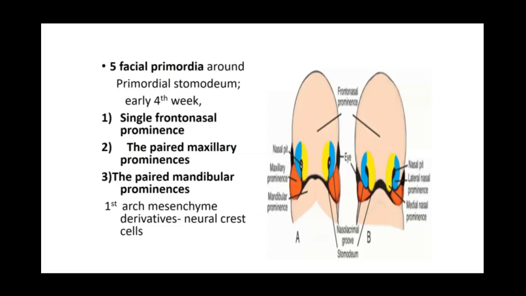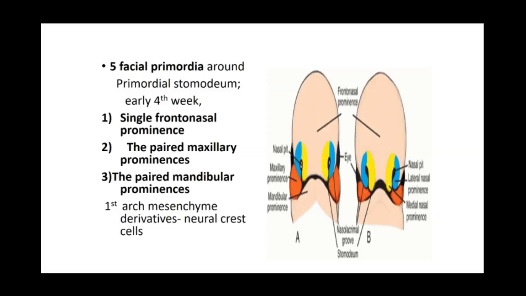The cloacal membrane is in relation with your developing anal cavity, and the buccopharyngeal membrane is the area where bucco is the oral, and pharyngeal is the part which is going to continue as the pharynx. This is going to develop into the oral cavity, and the cloacal part is going to develop into the proctodeum, the lower portion, which combine together and form the anal canal. So this is the area where we are developing the face.